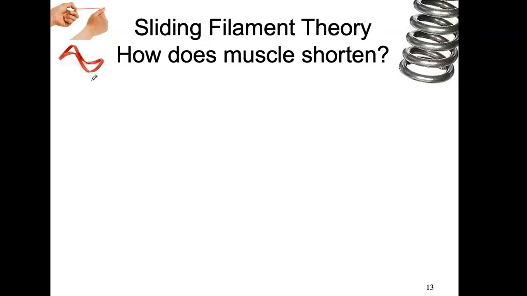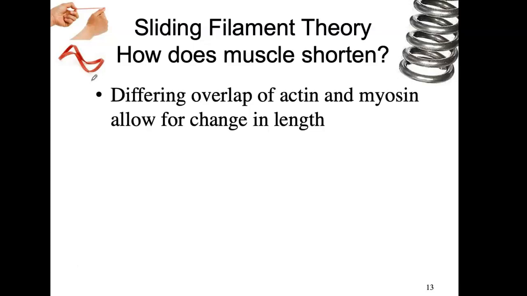That is called the sliding filament theory when they actually figured it out. And what they figured out was that it was an overlap of actin and myosin that was the trick of the anatomy in order to really understand how muscle shortens.